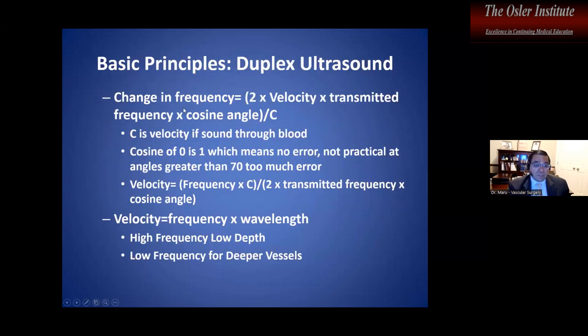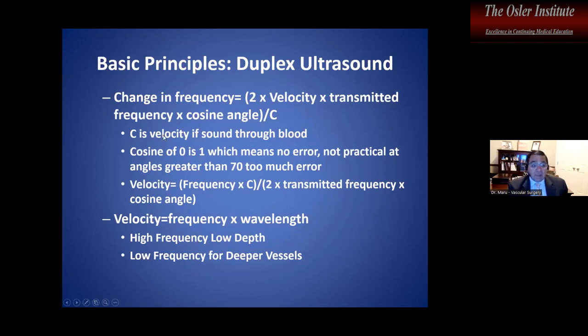Now, basic principles. Some of this is kind of complicated, and I would not waste time on it, but for completeness' sake, the change in frequency is 2 times velocity times transmitted frequency times the cosine of the angle, over c, where c is the velocity of sound through blood.